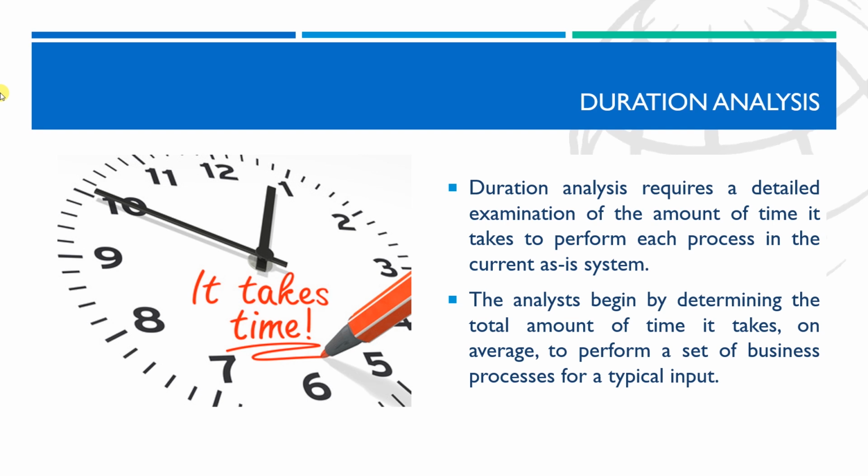Process parallelization means changing the process so that all the individual steps are performed at the same time. For example, in the mortgage application case, there is probably no reason that the credit check cannot be performed at the same time as the appraisal and probably the title check.